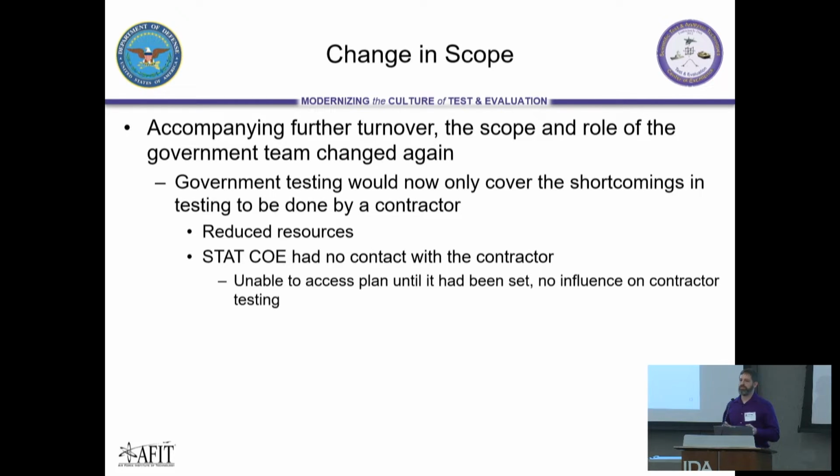But we don't actually know what we're planning for because we don't know what the contractor tests are. Okay? And StatCOE, our organization, had no contact on the contractor team. We didn't even know the name of anyone who was on the contractor team to reach out.